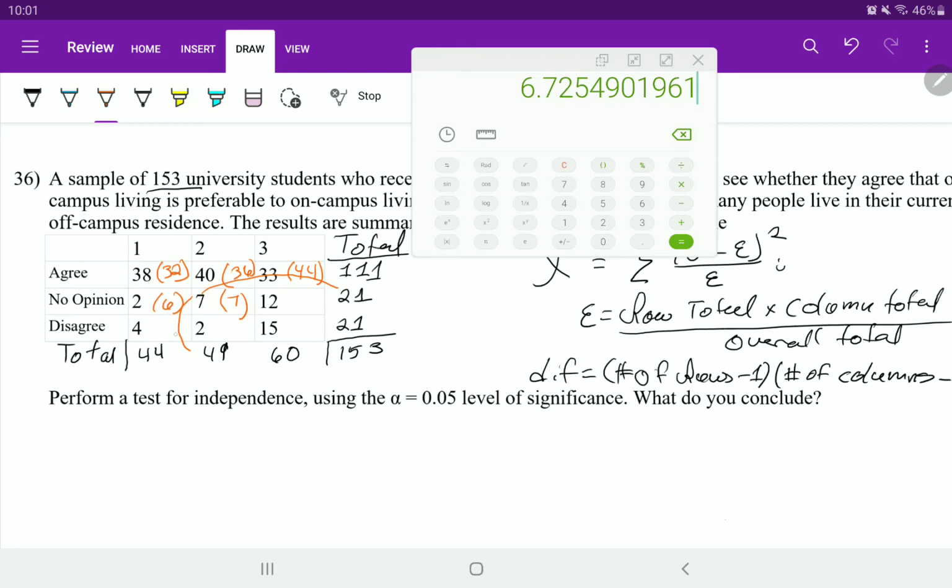Let's perform that one more time. That's going to be our row total of 21 times our column total of 60. And we're going to divide that by 153. And we're going to round that to 8.